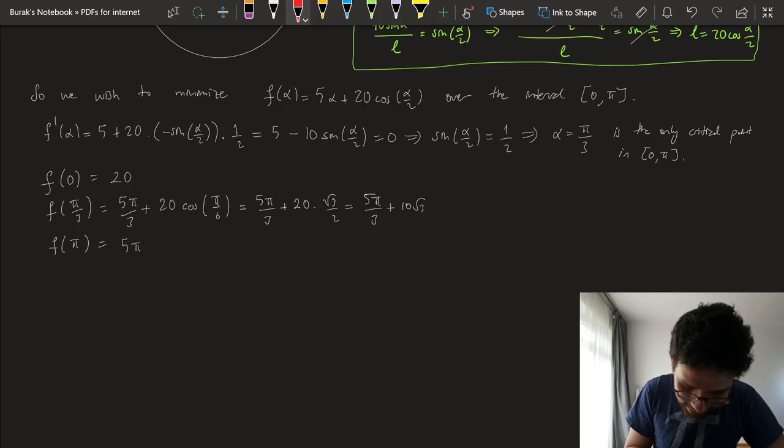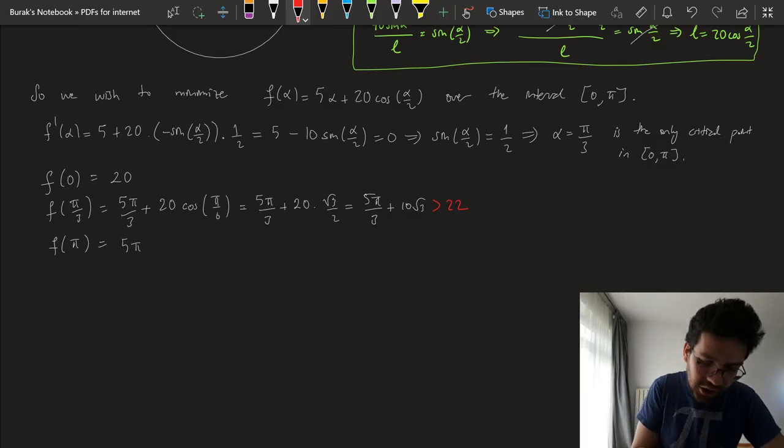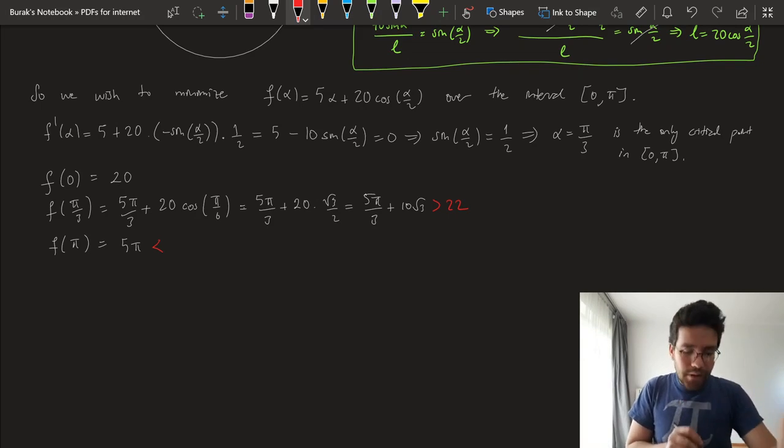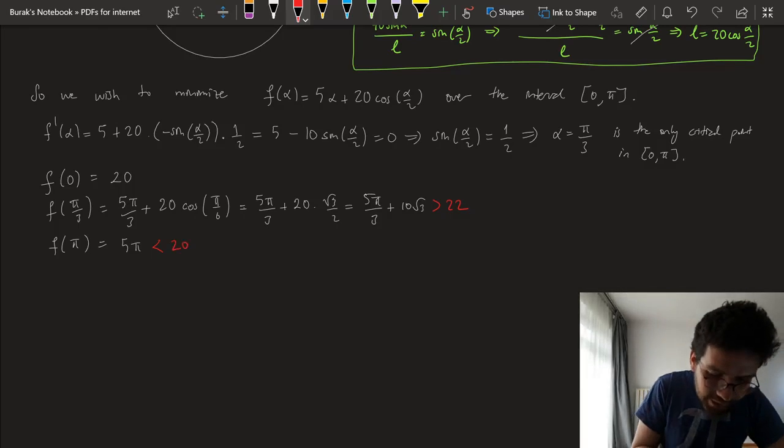So this is like 1.7. This is bigger than 1, so this is actually bigger than 22. You can actually check that. So this is something around 15 point something, so this is clearly less than 20. So the least number here is this.